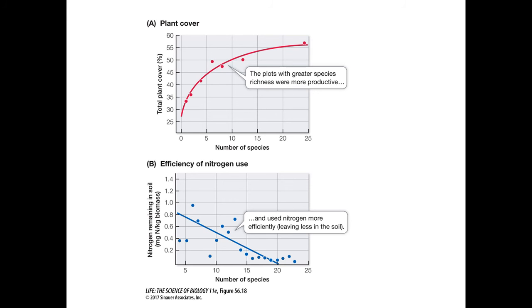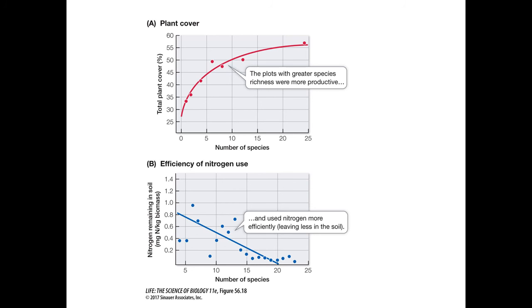If everything is the same species, it has to use the exact same set of resources, and so there's more competition. But if you have different species, they can partition the resources more effectively and get more biomass per unit area than you would with less species richness.